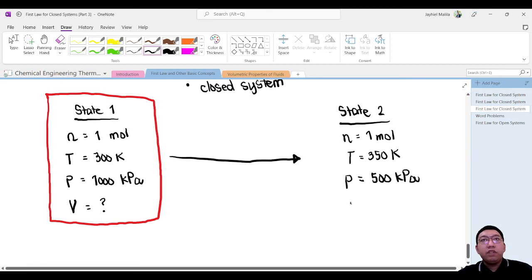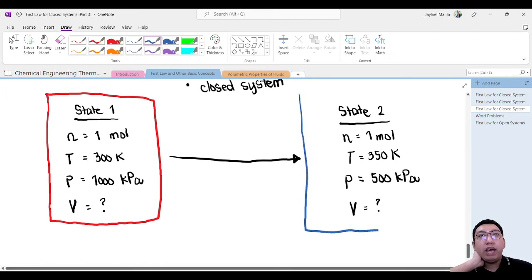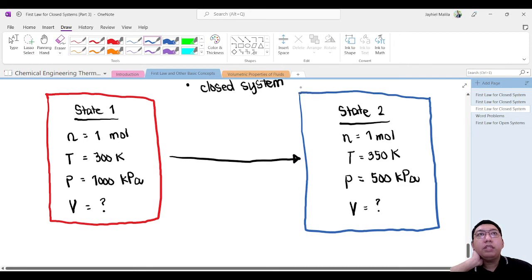And you don't have the volume still, right? But you can actually solve for the volumes. So it's very easy to solve. Okay, so we have here the schematic diagram. Apologies for the poor drawing of the rectangles. So I think we can solve the volume right away.